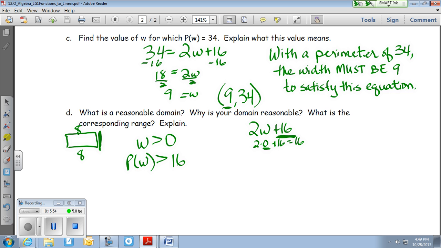So we know our width is always greater than 0, and if width was 0, the least amount would be 16. It's not going to even include 16 for our resulting perimeter, but it's going to be everything greater than that. And that takes care of this sheet. Make sure this is all completed before you move on to the homework.